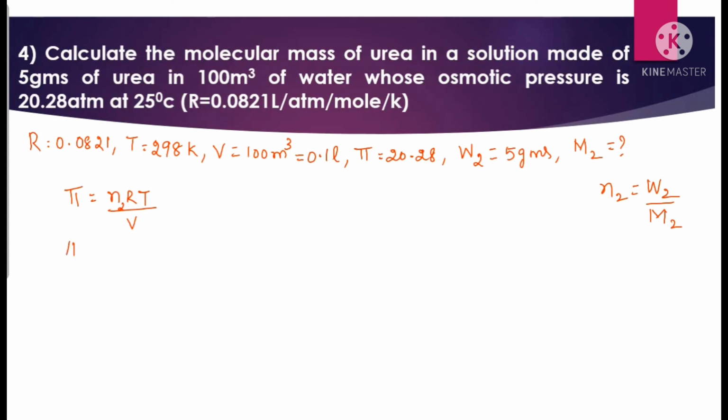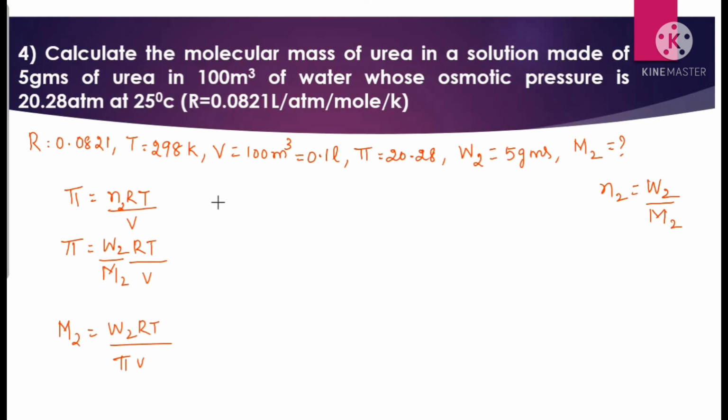Pi is equal to W2 by M2 into RT by V. Now substitute all the values, students. We are in need of M2, right? So M2 is equal to W2 RT by pi V.